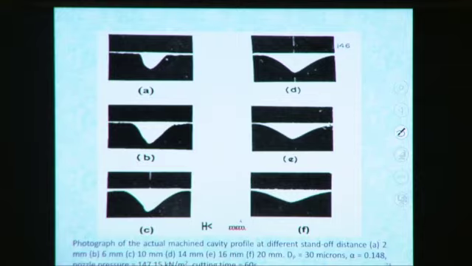These are the results reported by different researchers based on the stand-off distance. In case A, the stand-off distance is 2 millimeter; you can see the shallow hole, although it is not that shallow.